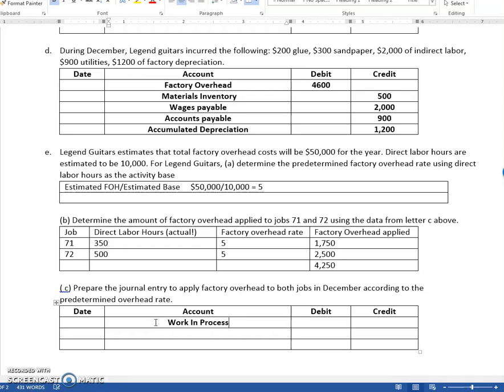So work in process is going to get the $4,250, and we're going to take it out of factory overhead because we are allocating it. So in other words, we didn't know how much of this went to job 71 and 72, but based on this estimate, we have just assigned some of it to job 71 and job 72. That's what we've done here when we've allocated our overhead.